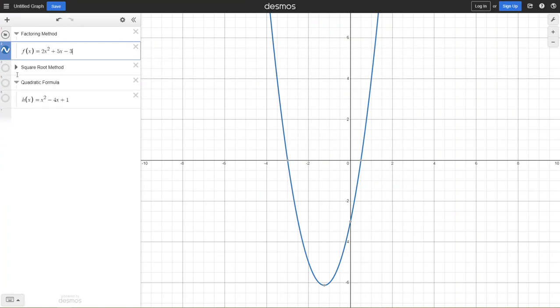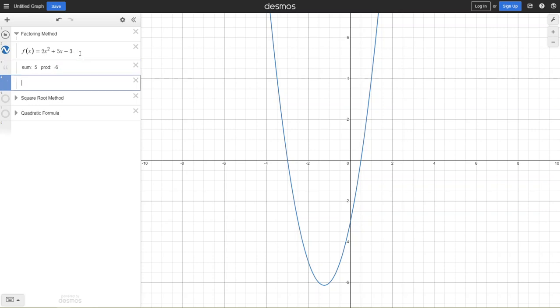So I'm going to start with my f of x, and I want to get it in factored form. So I'm going to make myself some notes. I'm looking for two numbers whose sum is the middle value, 5, and whose product is the product of a times c, so 2 times -3 is -6. So I think I'm going to need a +6 and a -1.